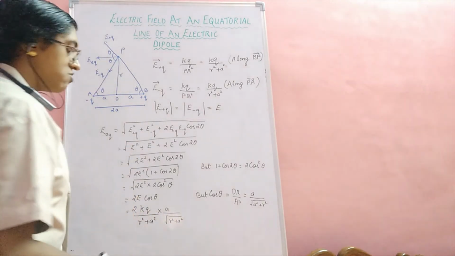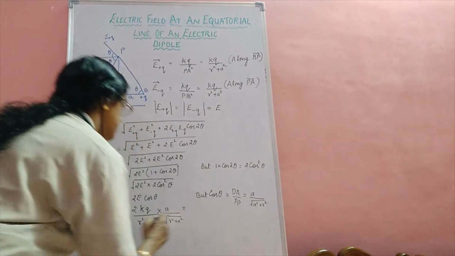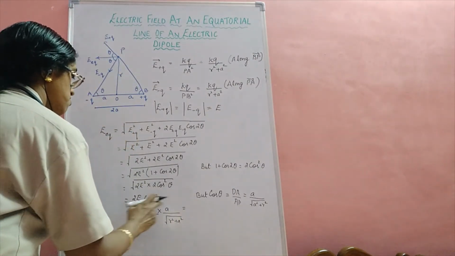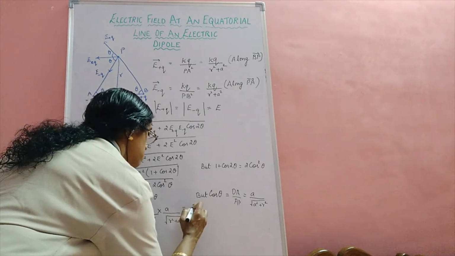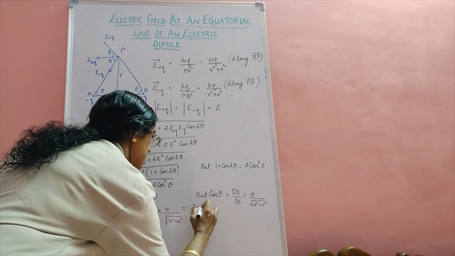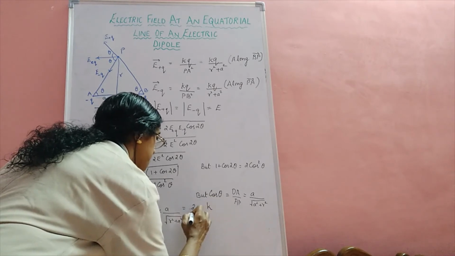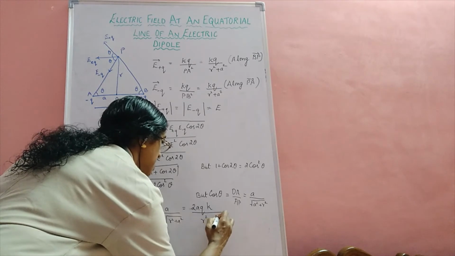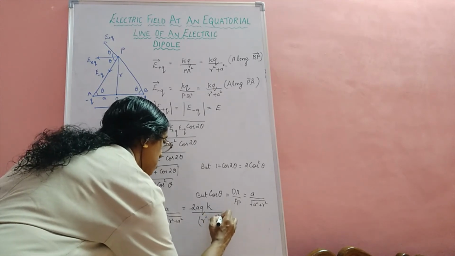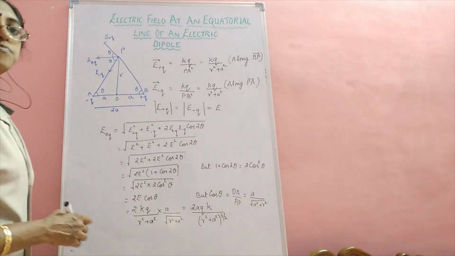Right? Now, solving it, what do you get? It is 2AQK upon R square plus A square whole to the power of 3 by 2.